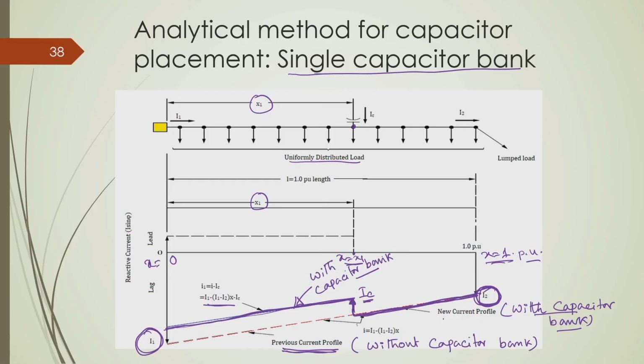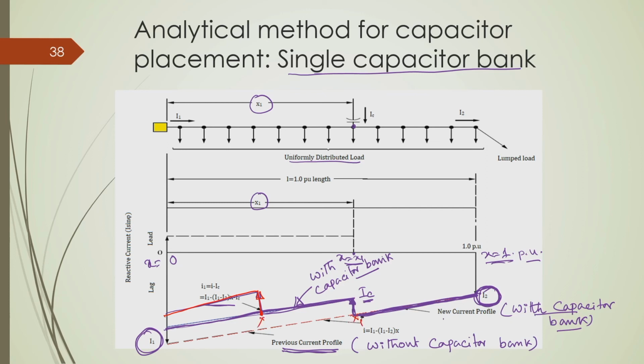Here we have one capacitor bank placement. If we have another capacitor bank placed at, suppose, here, then these characteristics will be something like this, and so on. So, this is basically for 2 capacitor banks, one is located at x 1, another is located at x 2, let us say.